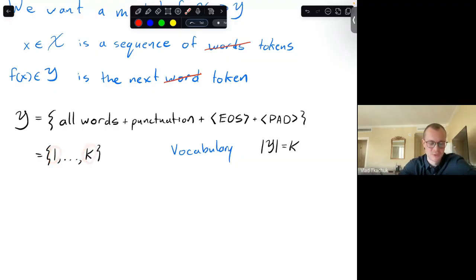I think it's just nicer notationally a bit later on.